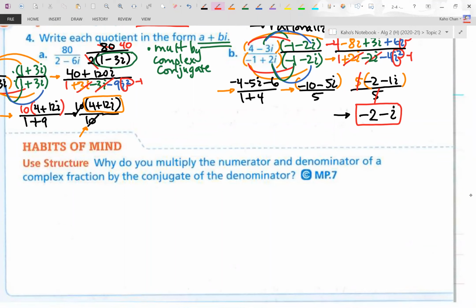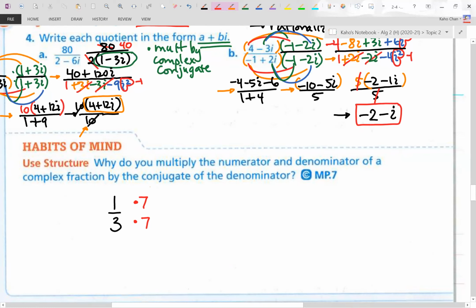Question: why do you multiply the numerator and denominator of a complex fraction by the conjugate of the denominator? Well, the point is, like any fraction, let's say we have a fraction like 1/3. If you are multiplying the denominator by a number, say 7, you got to do it to the numerator too. Otherwise, you're changing the whole problem in the first place.